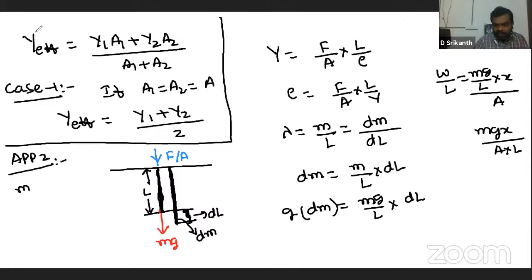For an area of cross section A, we have the length L. For a small area of cross section, we have the length dl.